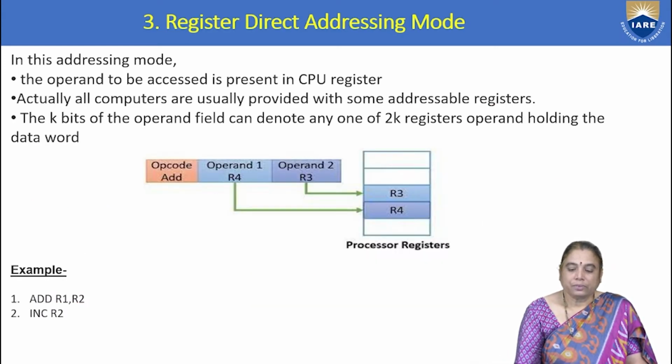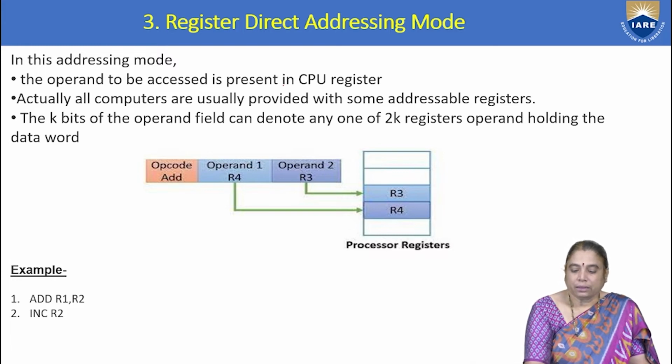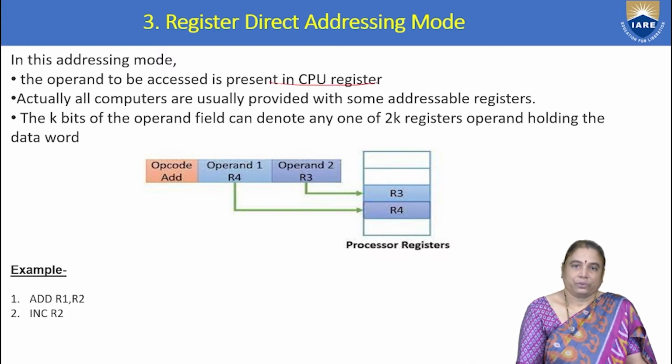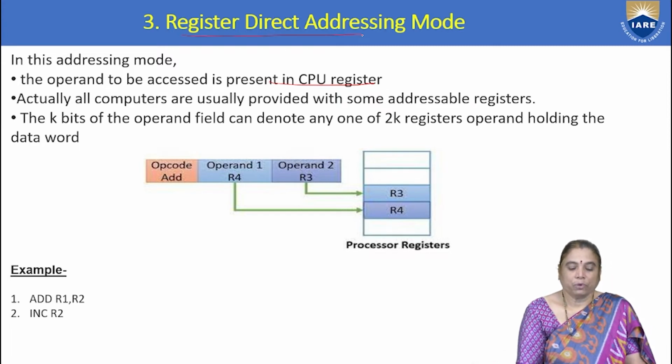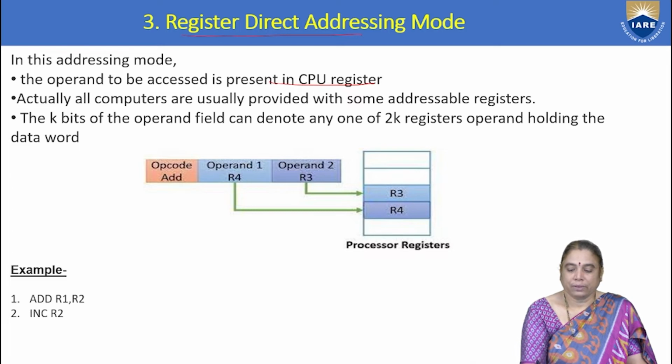Next is register direct addressing mode. Here in this mode, the operand to be accessed is in the CPU registers. The operand is available in the CPU registers. That's why it is called register direct addressing mode. Actually, all computers are usually provided with some addressable registers.